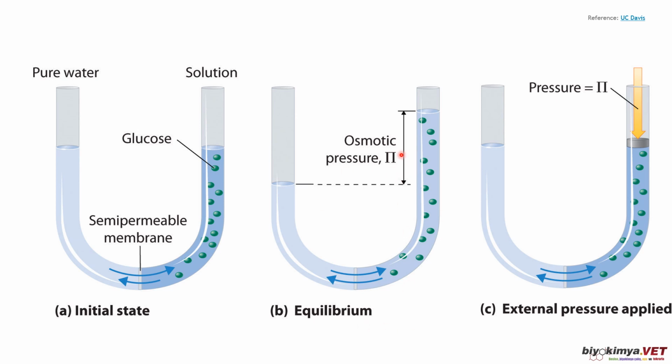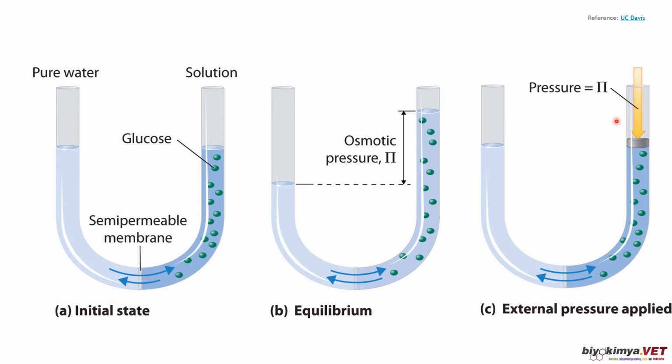At equilibrium, the pressure difference is equal to the osmotic pressure of the solution, and this pressure equalizes the solvent flow rate in both directions. In C, an external pressure is applied.